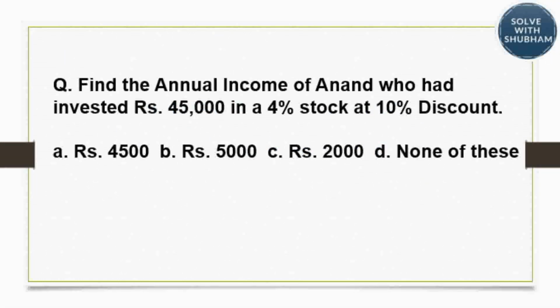Your answer would be option number C, rupees 2,000. Simple question. We just looked at various concepts where we have seen what is face value, what is market value, then what is at par. When a share is at discount or premium, what does it mean, and how can we calculate rate of return.